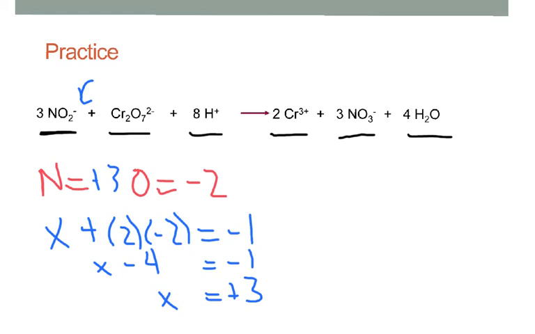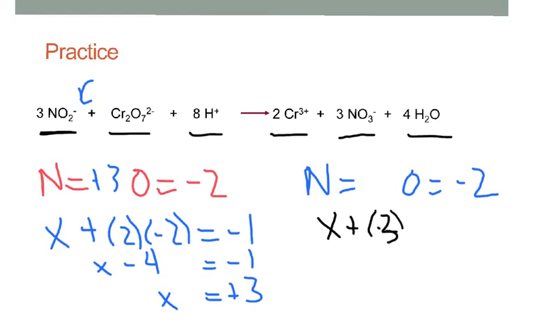So let's look over here on the product side and compare. We're going to do something very similar to what we just did. Oxygen is -2. We have to find out what the oxidation number of nitrogen is. So I'm going to let nitrogen be X again, plus there are 3 oxygens this time.